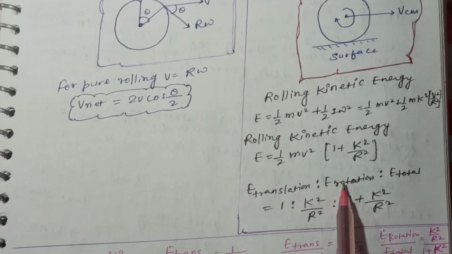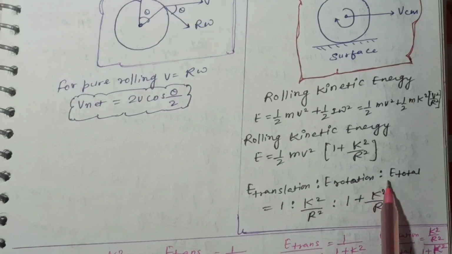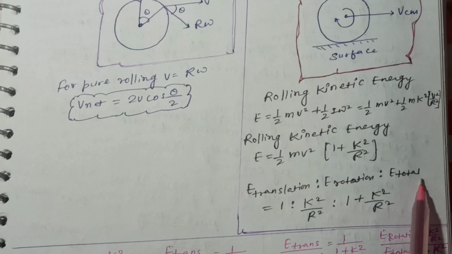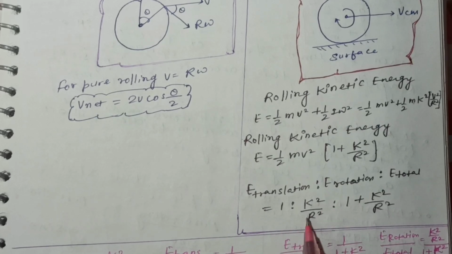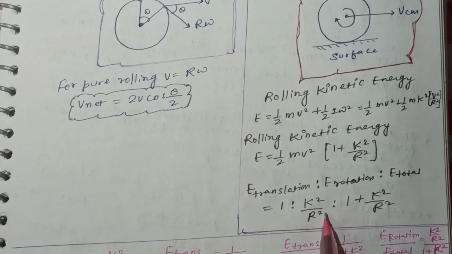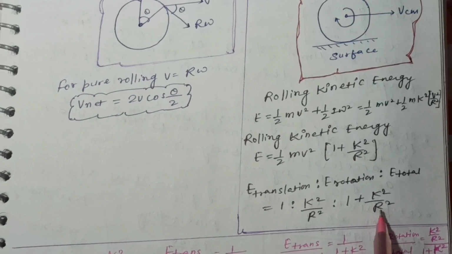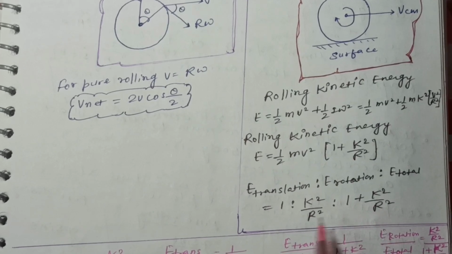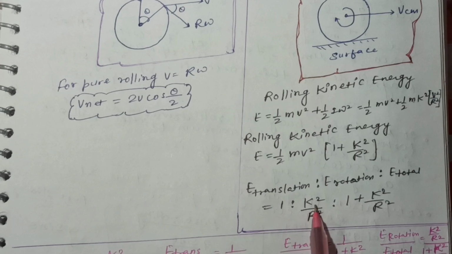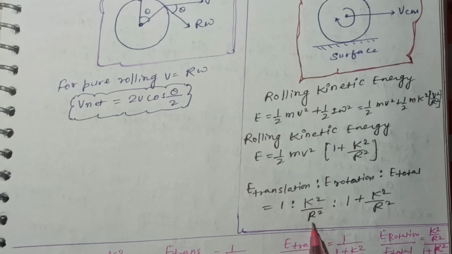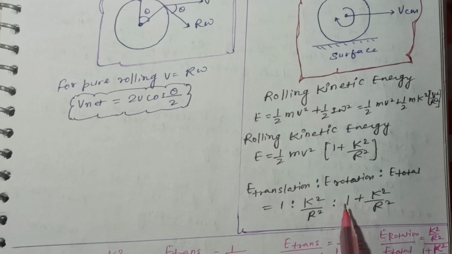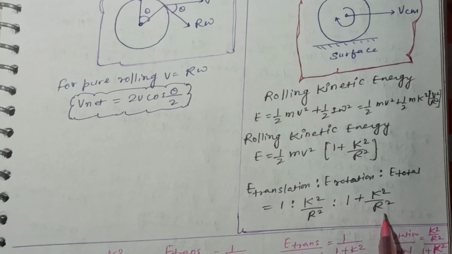E translation ratio, E rotation ratio, E total ratio: 1 ratio k square upon r square ratio 1 plus k square upon r square; 1 ratio k square upon r square ratio 1 plus k square upon r square.